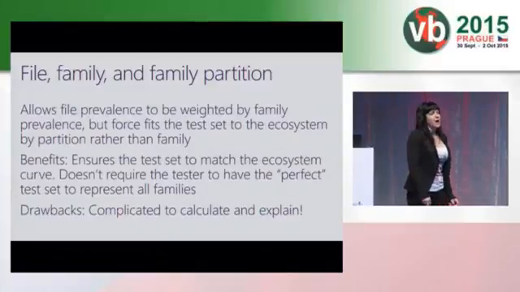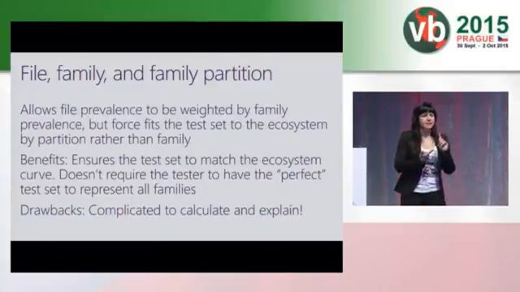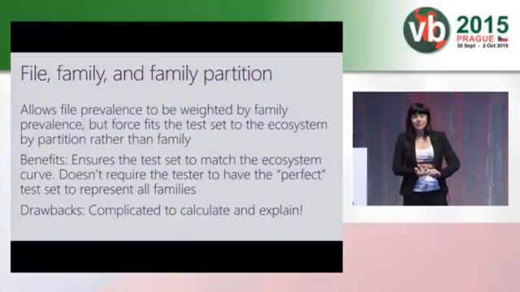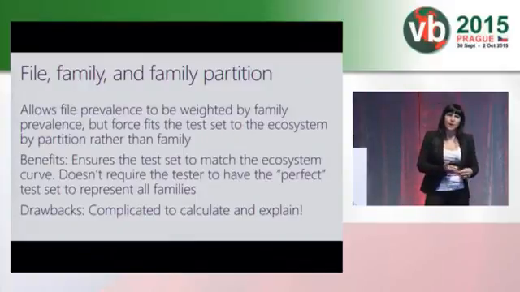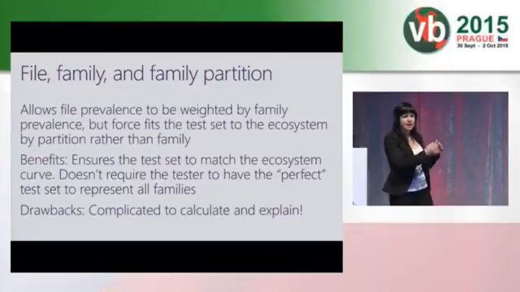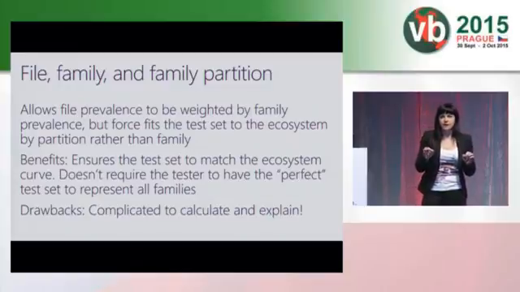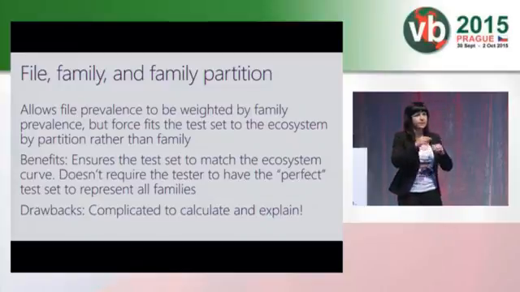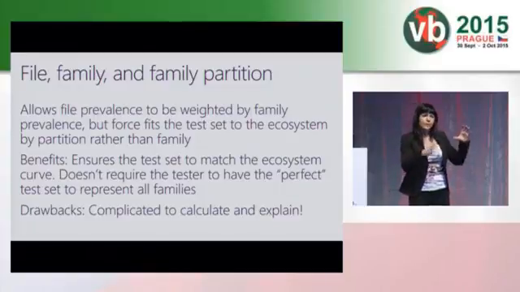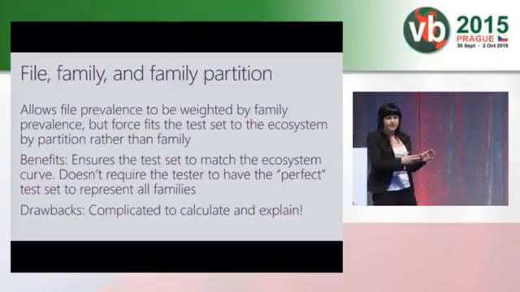So this last model that we tried incorporates file prevalence, family prevalence, and what we're calling partition prevalence. So you guys saw some of those families that were grouped into a high, moderate, low, very low partition. Rather than trying to force fit all the samples in a particular family to meet that ecosystem curve, we force fit the group of families.